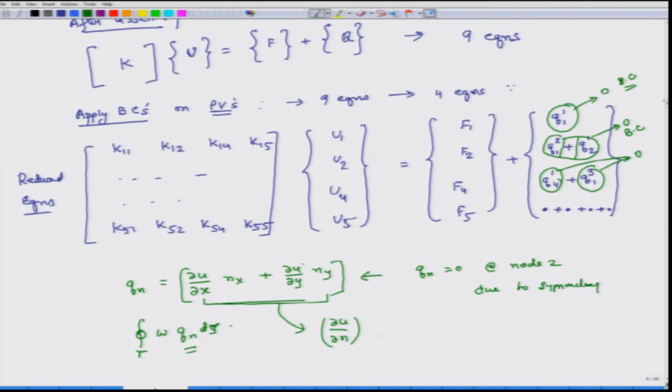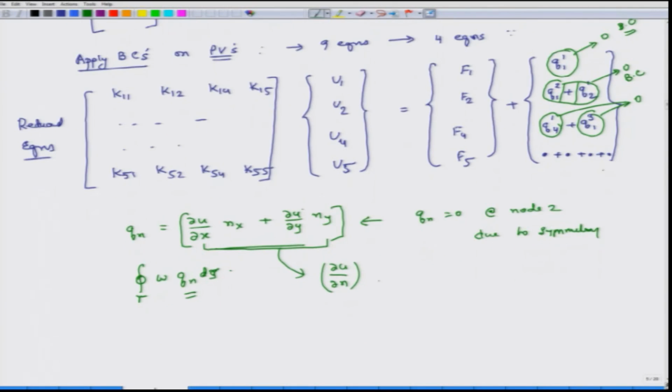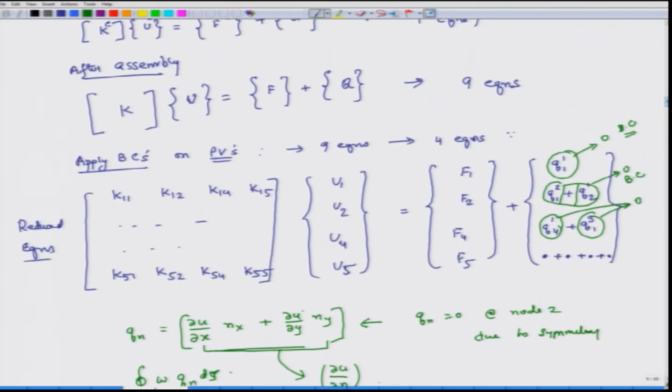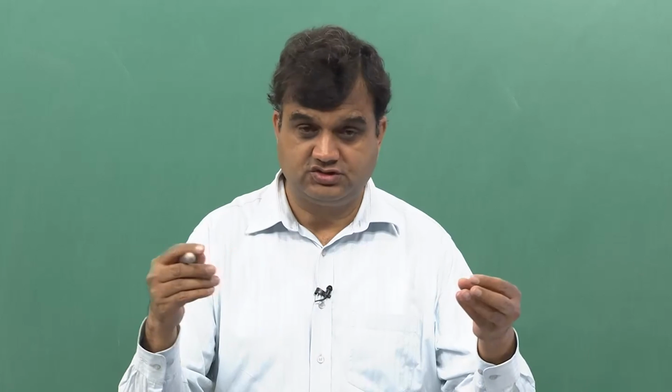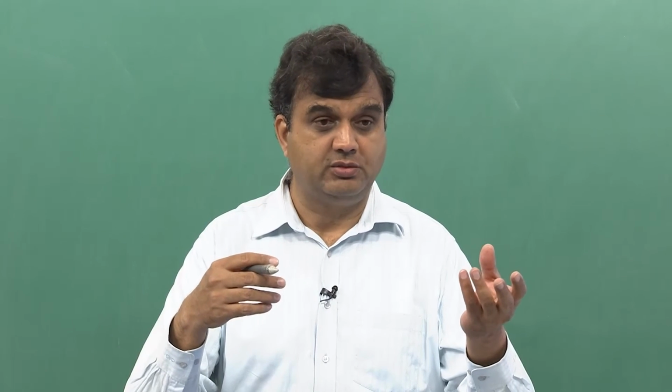What is this value? These first three terms in the Q vector were 0 because of the boundary condition related to symmetry. What about this sum? We had said that if a node is shared on all four sides, then the flux which is going in is the same as the flux which is coming out.